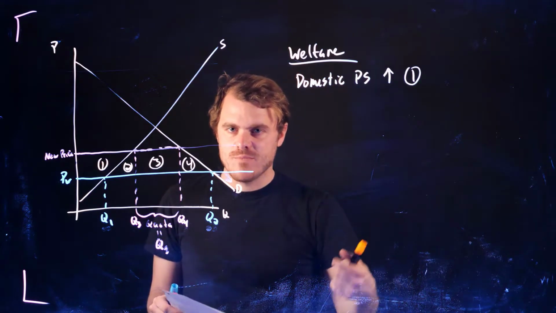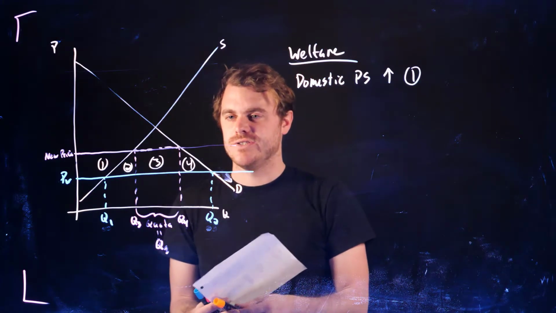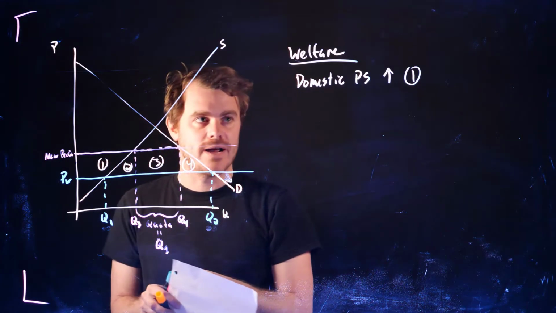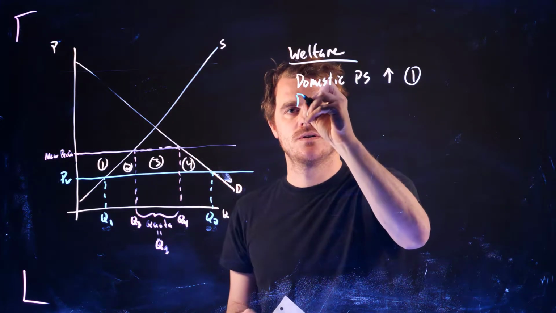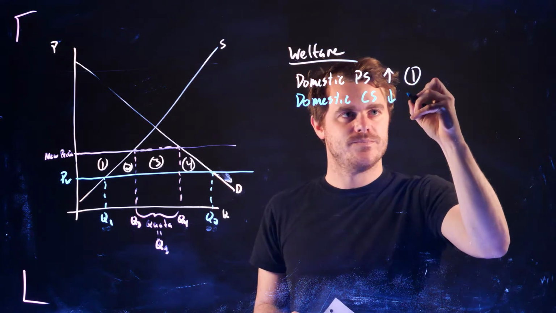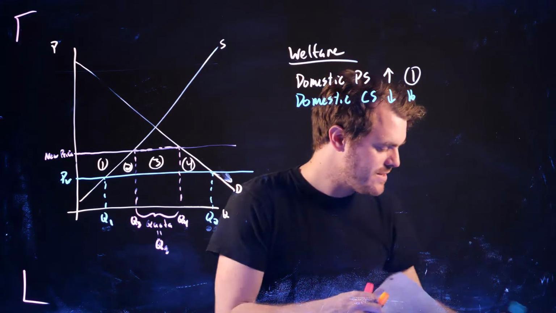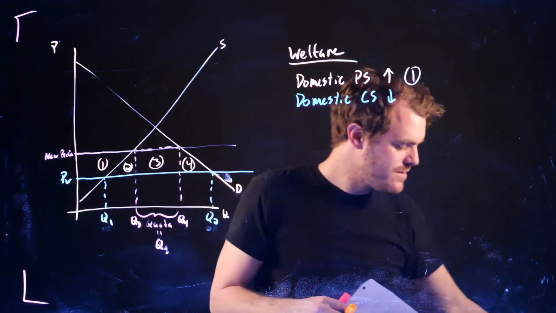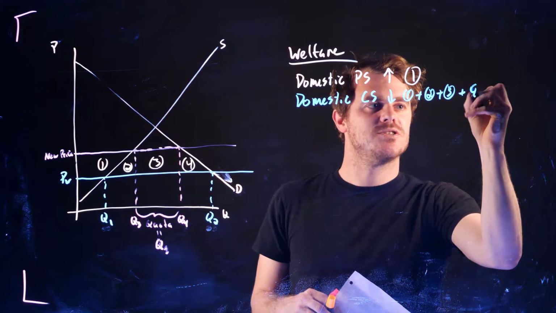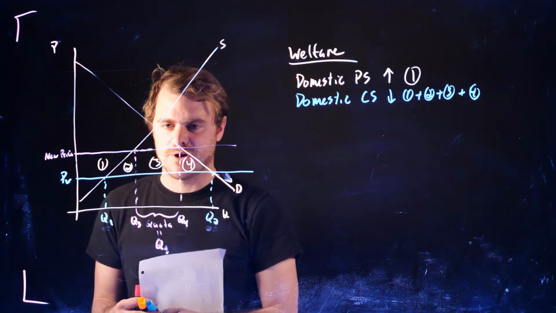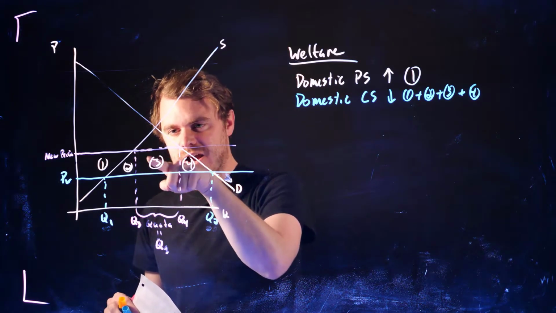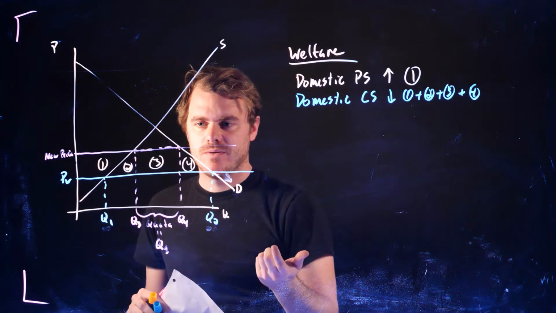For the same reasons as we just talked about, the domestic consumer surplus is going to fall by 1 plus 2 plus 3 plus 4, so it's falling by those 4 areas since the price is higher. If you remember under tariffs, this area 3 used to be government revenue.